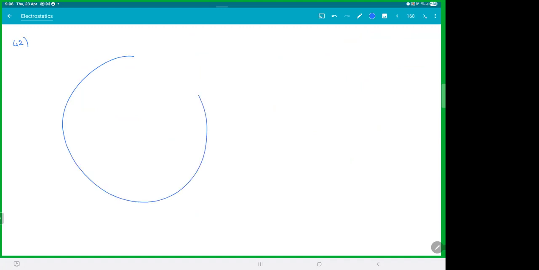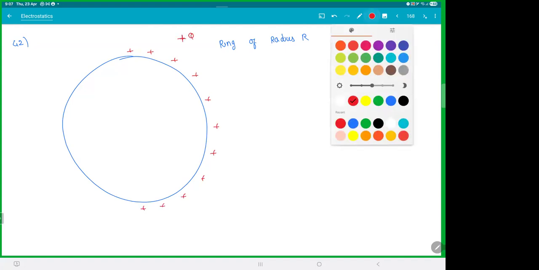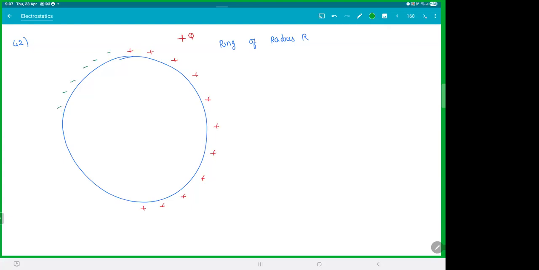What if I have a ring? The right side of the ring has positive charge. The left side of the ring has negative charge. Find the dipole moment of this ring. The symbol for dipole moment is P, okay?